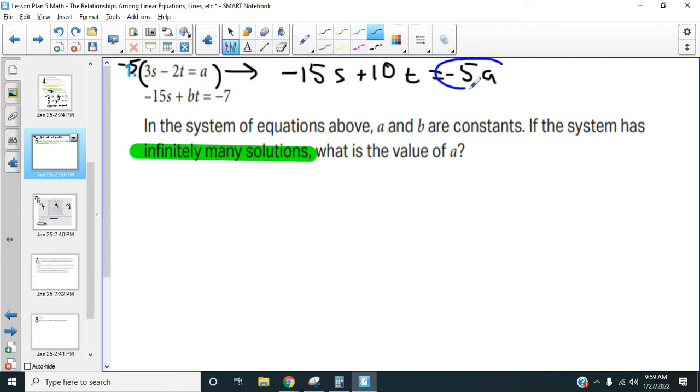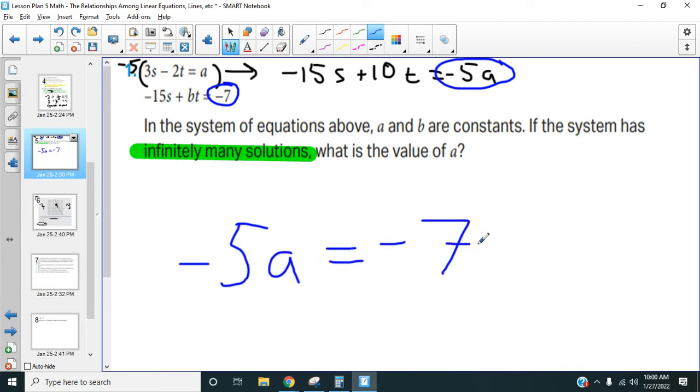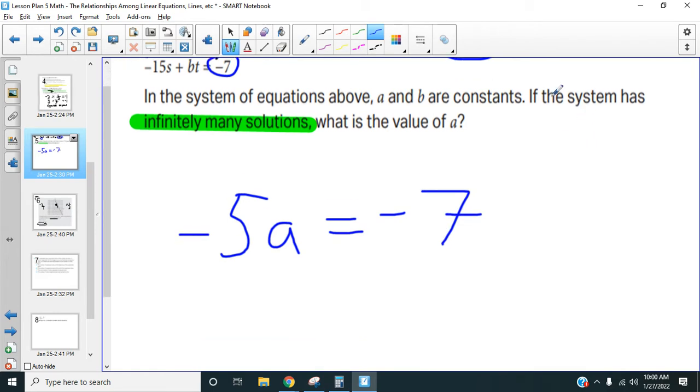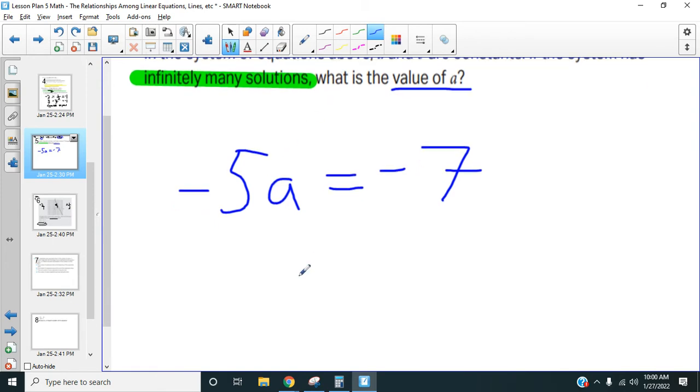We're saying -5a has to be the same thing as -7. -5a must equal -7. And you're trying to figure out what a is. So if that's true, we could divide by -5. What's a negative over a negative? Yep. And there's your answer.